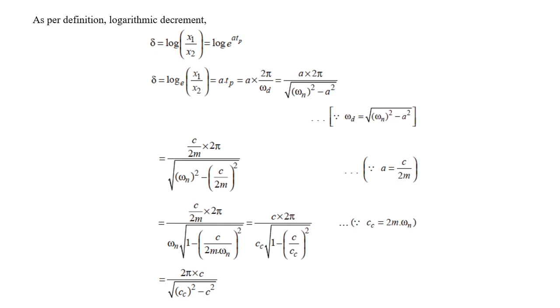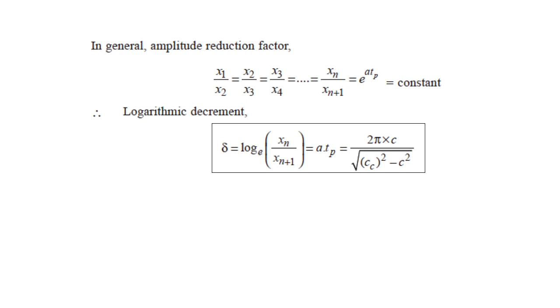You have to remember these two formulas for logarithmic decrement. Delta is equal to log to the base e of x1 upon x2 is equal to twice pi c upon square root cc square minus c square, where x1 upon x2 is the amplitude reduction ratio, c is the damping coefficient, and cc is the critical damping coefficient.